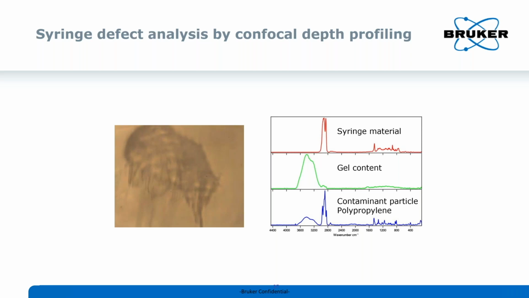So you can focus on the surface, or you can focus on what's underneath the surface and do a fabulous job. And Bruker has a patent on how we do the confocal work, and I feel we're the best in the industry, whether doing macro depth profiling or micro depth profiling.